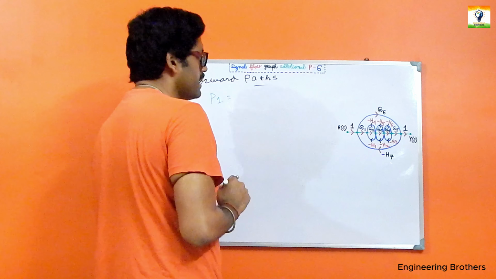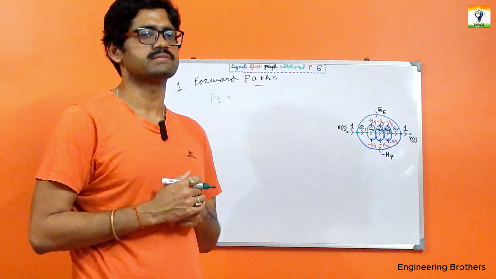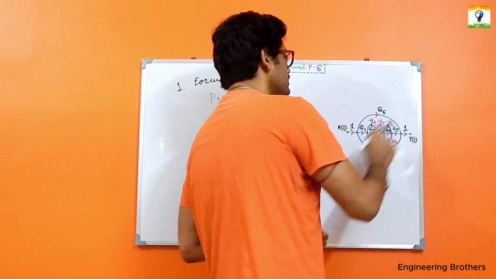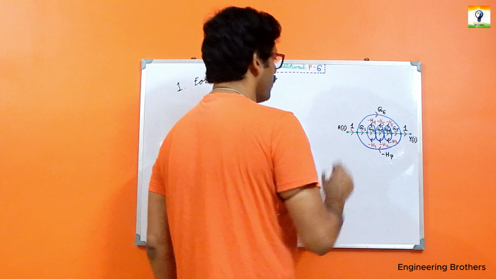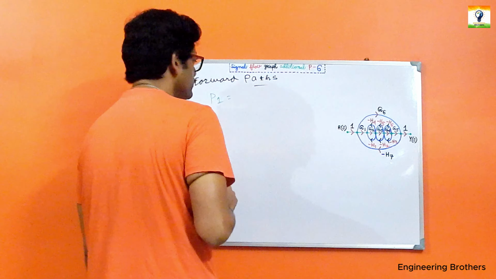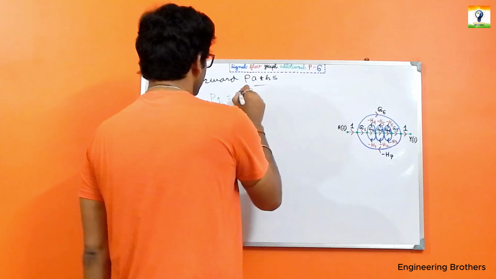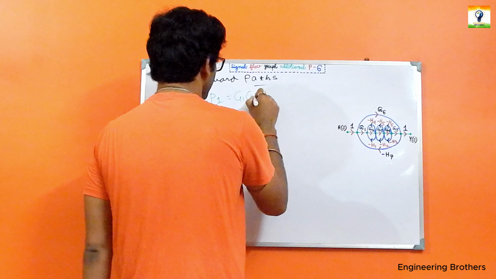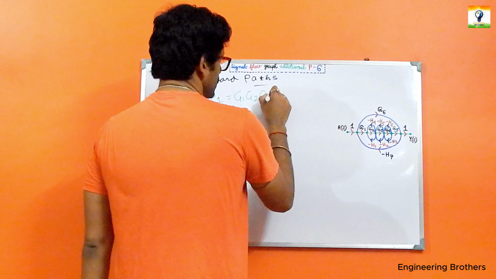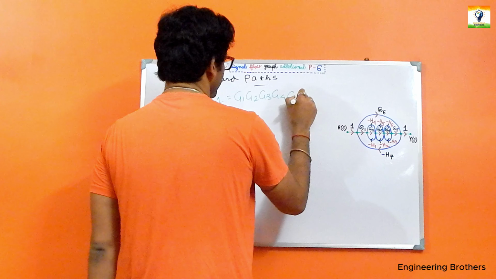The overall gain for that forward path is simply the product of the path gains from R(s) to Y(s). So the gain for that forward path is G1 G2 G3 G4 G5.